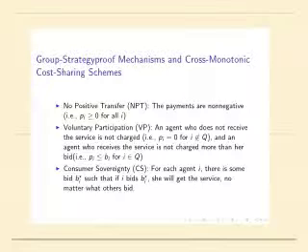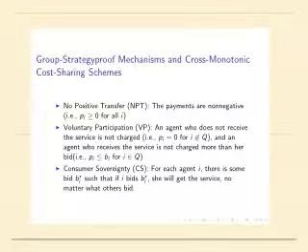And we say that the cost-sharing scheme C is gamma budget balanced if for every set S which is a subset of A, we have gamma times C of S is less than or equal to the summation of C of (i, S) for i in S, which is less than or equal to C of S.